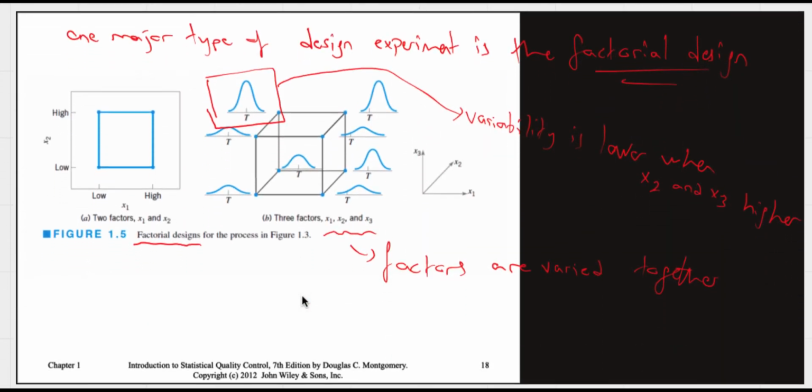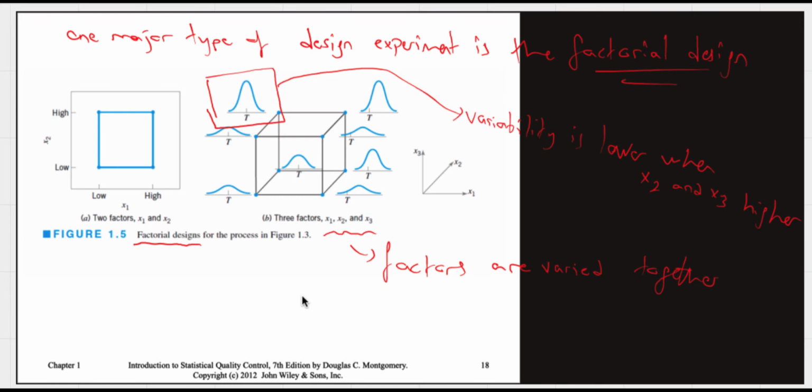So here we are seeing an example of design of experiments. One major type of design of experiments is the factorial design, for example. In the factorial design, we have different kinds of factors, and they influence the process performance. We tune these factors together so we can find the optimized values.